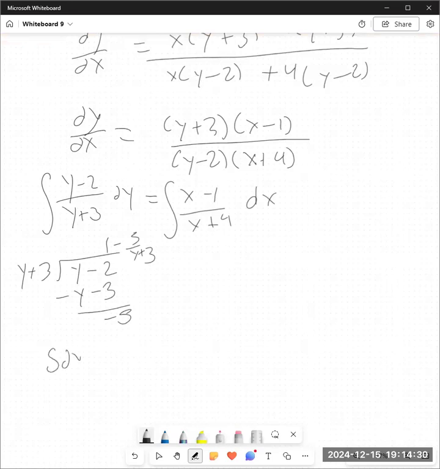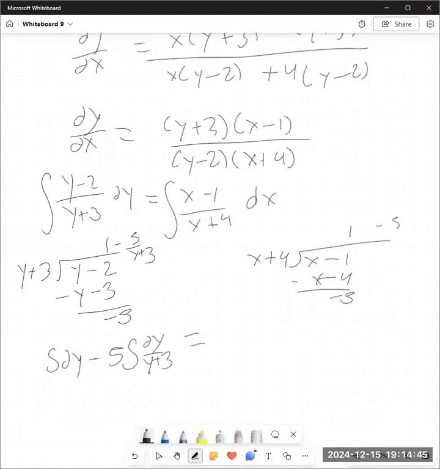That's going to be integral dy minus 5 integral dy over y plus 3 is equal to integral dx minus 5 integral dx over x plus 4.